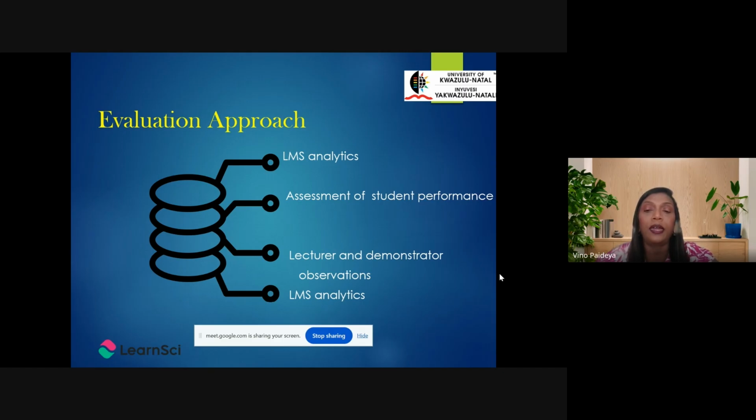And then the lecturer and demonstrator observations in the lab also triangulate the evaluation of the pre-labs. And then obviously, again, as I said, we get back to the LMS analytics as a full circle evaluation to say, okay, we understand how the students are progressing through the course.